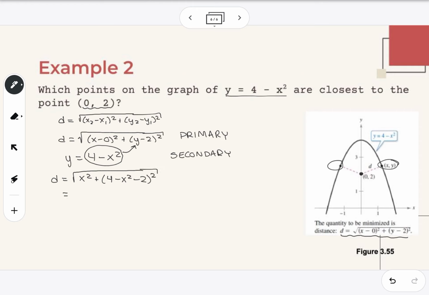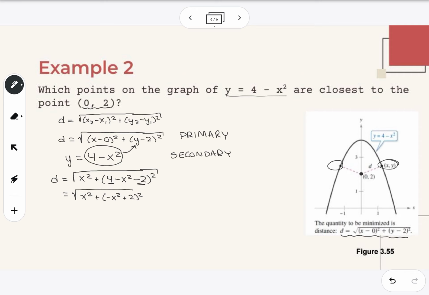Let's do a little simplification here. So I'm going to get x squared, and then 4 minus 2, I can combine those up. So I'm going to have negative x squared plus 2, and that whole thing is going to be squared.